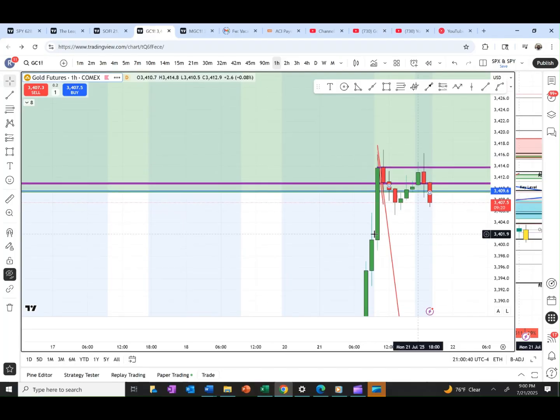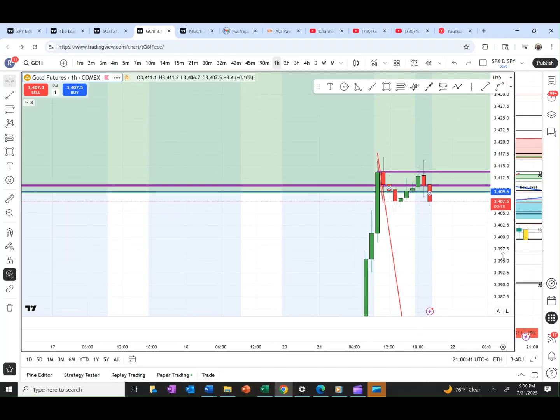And that grabbed my attention because it also showed up at a very key area, which is the bottom of a bigger bullish volume imbalance, bullish fair value gap, if I'm not mistaken.